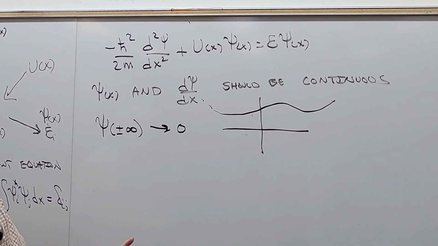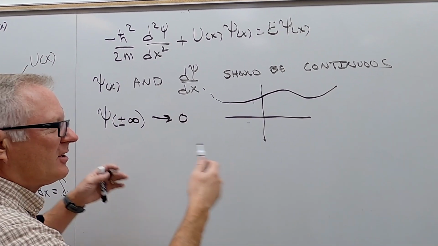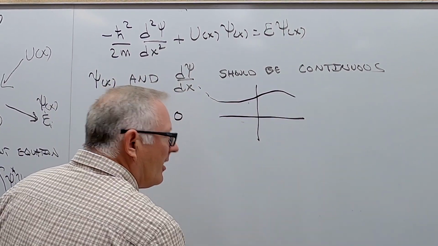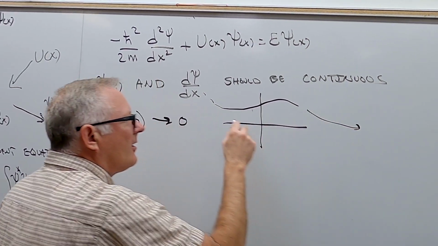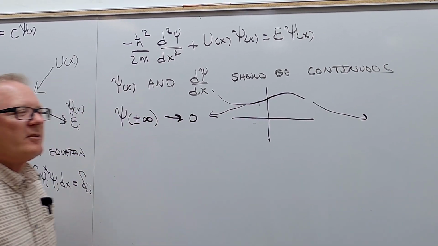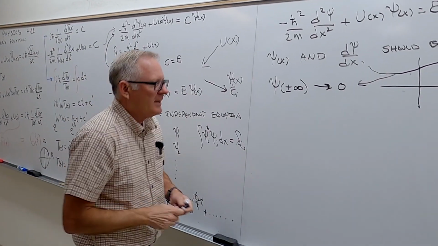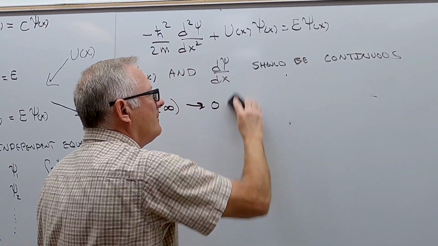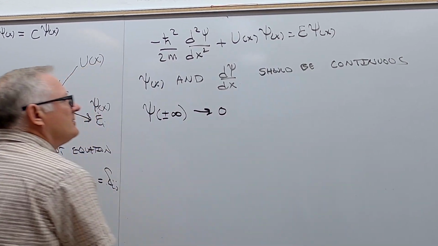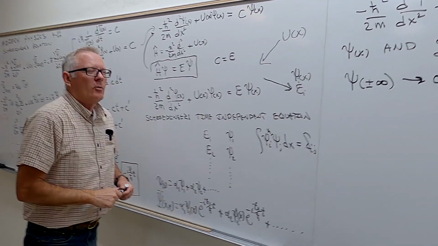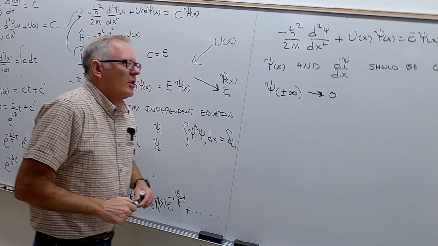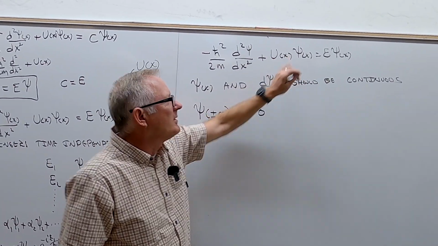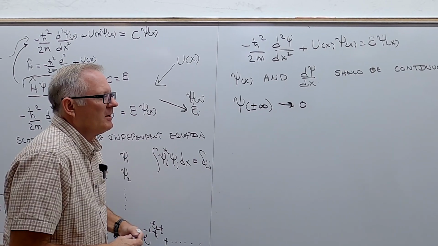The only way that the area under that curve is going to be a finite number is if you go down to 0 out at the ends. Otherwise, the area under that curve, when you square it, won't be 1. So we kind of already know what a lot of it's going to look like. The rest of it in between depends on what the potential is right there.